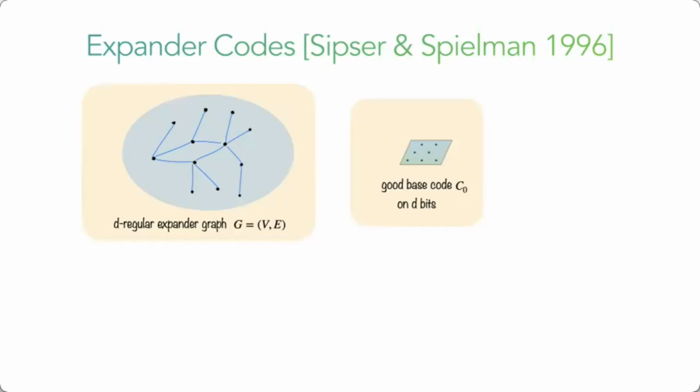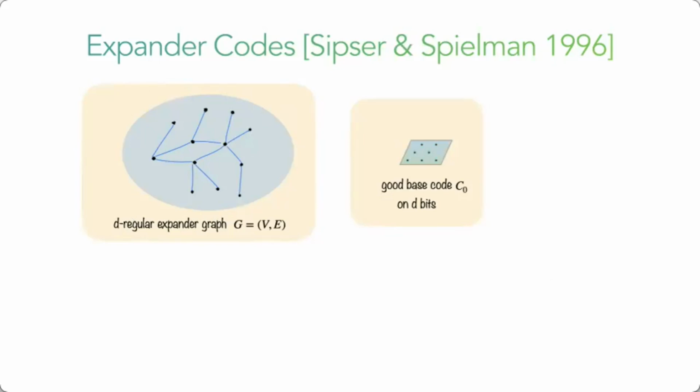So this is, in one slide, the definition of expander codes due to Sipser and Spielman from '96. There are two ingredients. The first ingredient is a D-regular expander graph. By the way, when we say we construct the code, what we really mean is we construct an infinite family. So here I'm thinking that we have an infinite family of expander graphs, where the number of vertices goes to infinity, but every vertex only neighbors D other vertices, and D stays fixed.